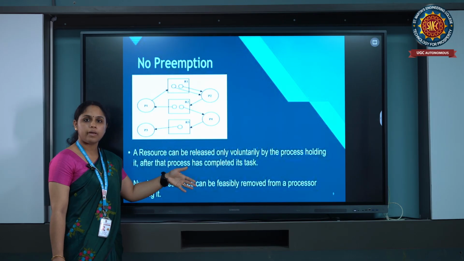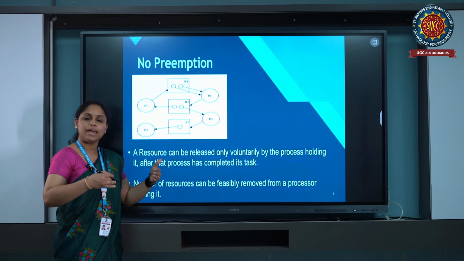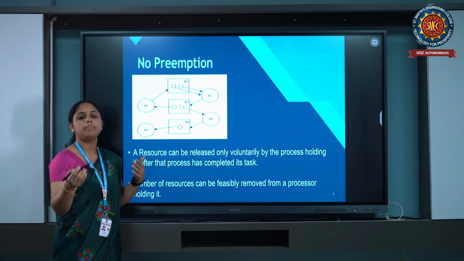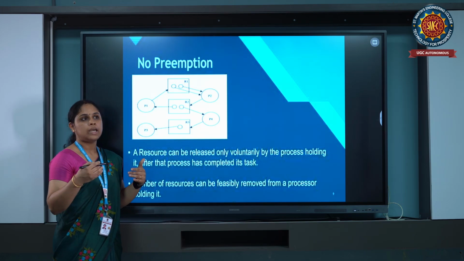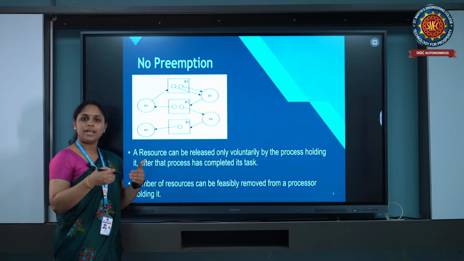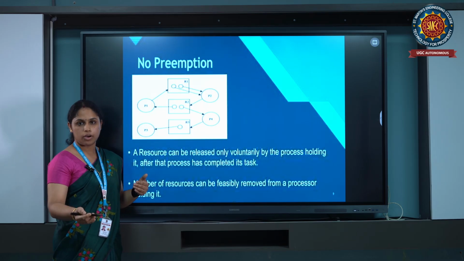Preemption means we can forcefully take a resource from a process and allocate it to another process. For example, if a higher priority process arises, sometimes the operating system will do that. The already allocated resource will be taken and allocated to the higher priority process.